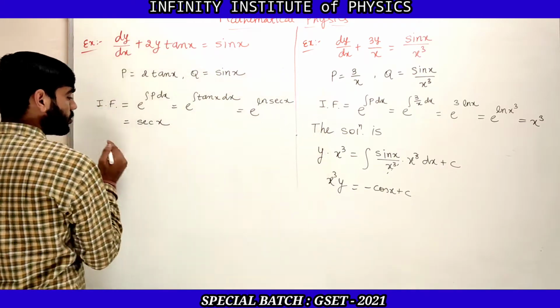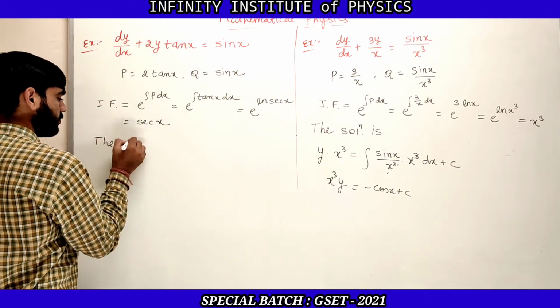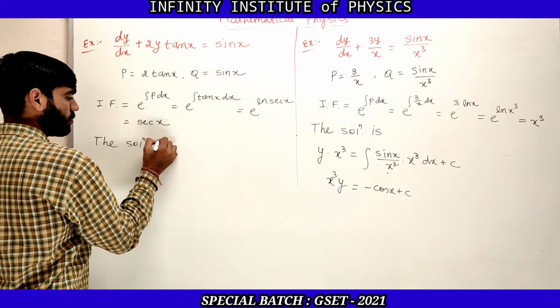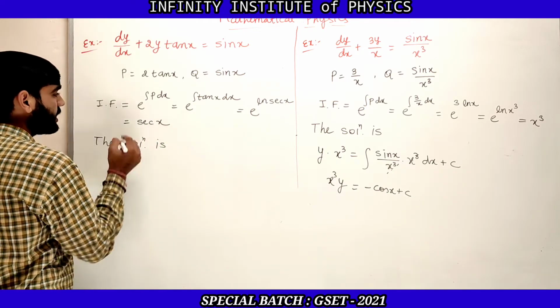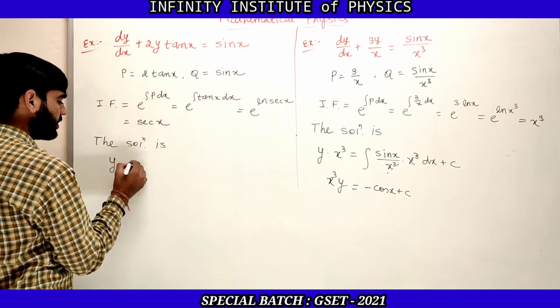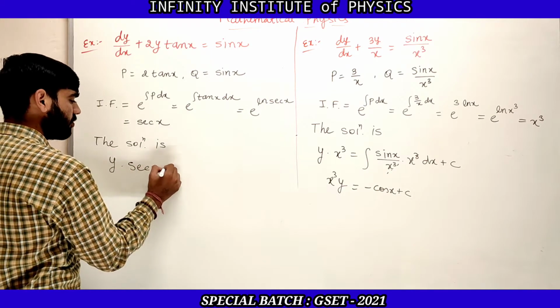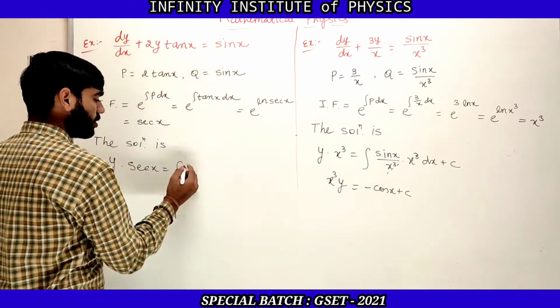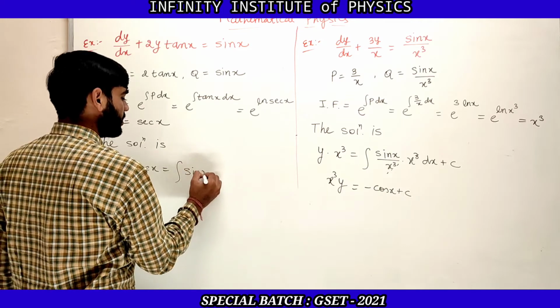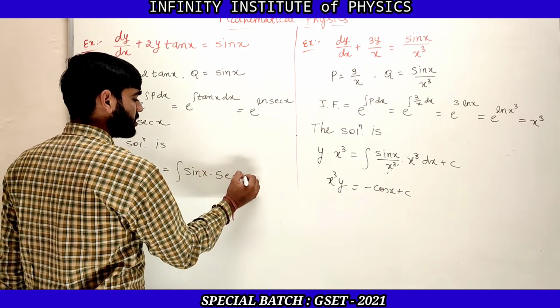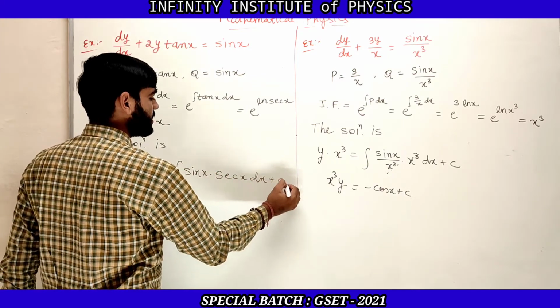Now the solution is y into e raised to integration p dx, that is only sec x, which is equal to integration of q, that is sin x, into sec x dx plus c.